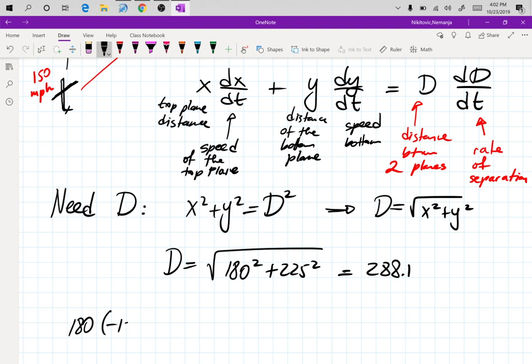So dD/dt is negative 192.1 miles per hour. So the distance between the two planes is decreasing at the rate of 192 miles per hour. So in 1 hour, these two planes would be about 200 miles closer than they were an hour ago.